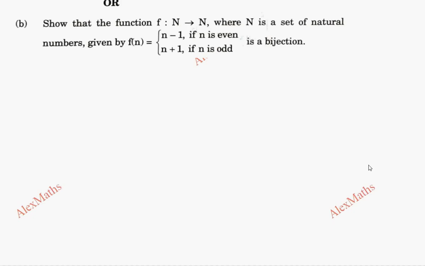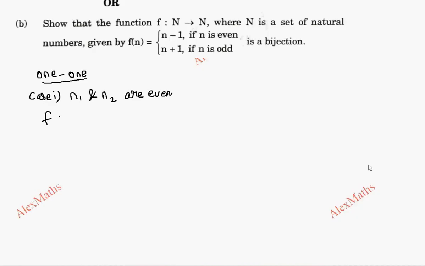Next, the other part, we have to show the given function is bijective, it means one to one and onto. So let's take one to one first. For this, we have to assume cases. Case 1, where n1 and n2 both are even.